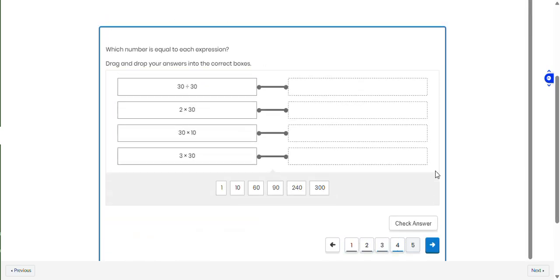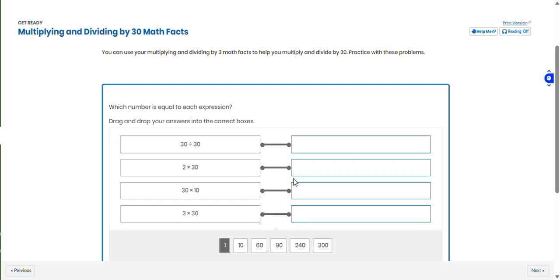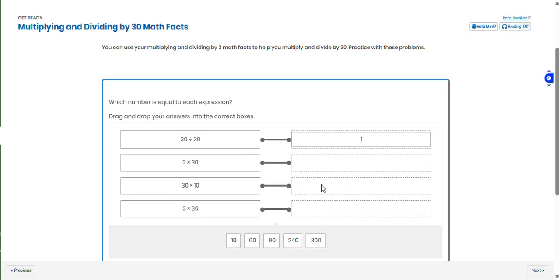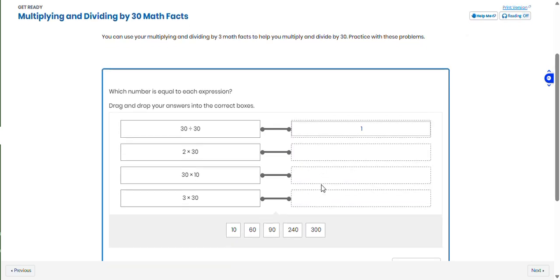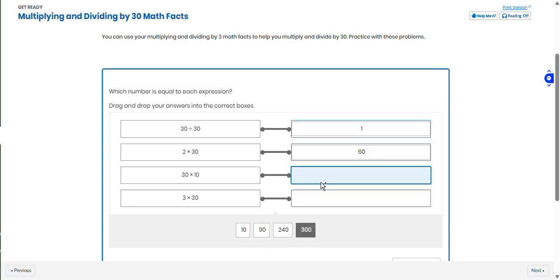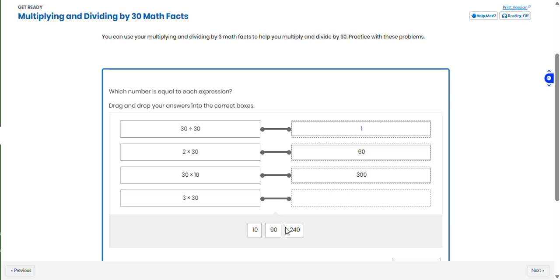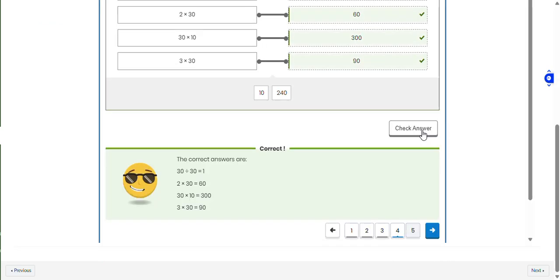And now you know your math facts. 30 divided by 30 is 1. 2 times 30 is now 60. 30 times 10 is 300. 3 times 30 is 90.